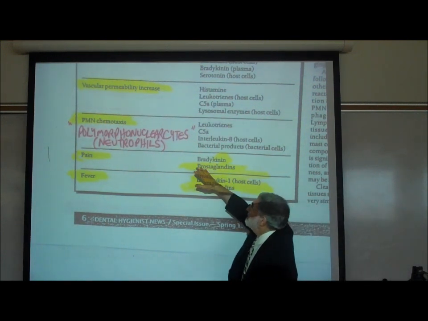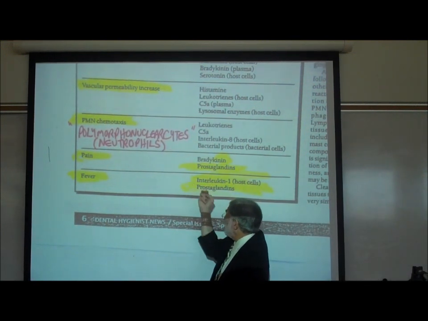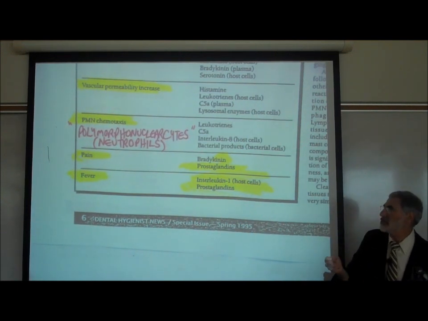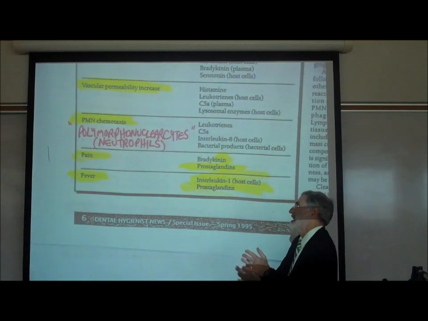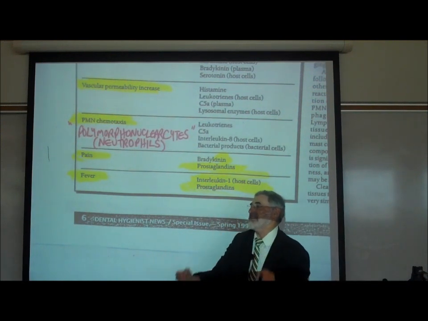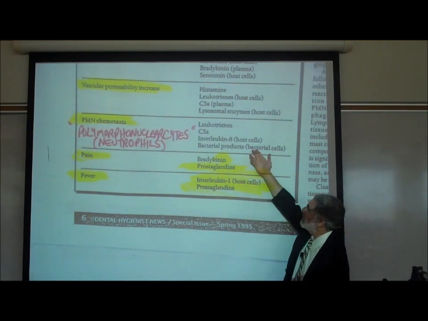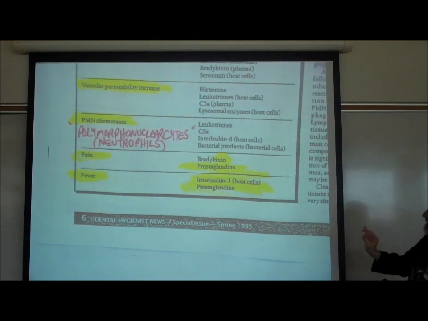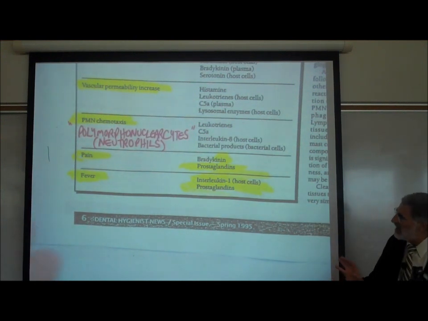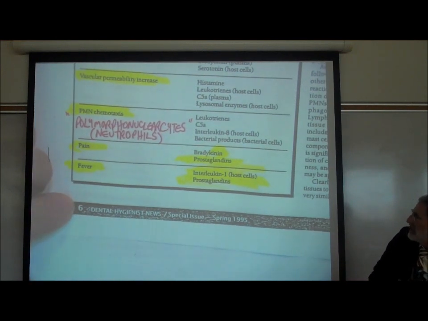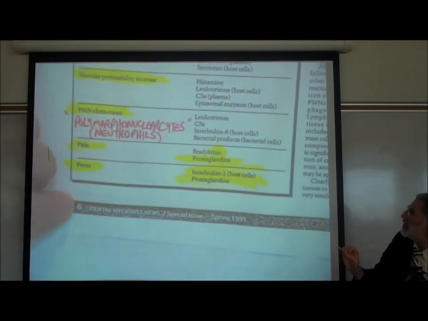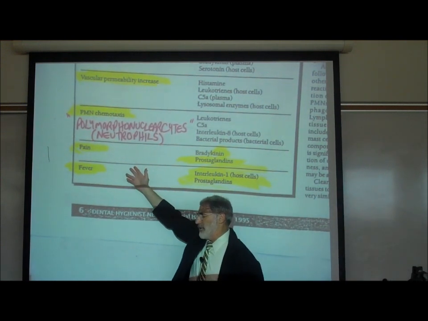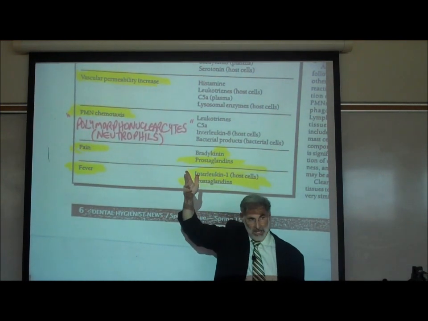So which chemicals attract the white blood cells, especially neutrophils, to the injured area? Which chemicals activate them to start phagocytizing? These chemicals. But the main components of the inflammatory response where I want you to know the chemicals: another component of the inflammatory response is pain.